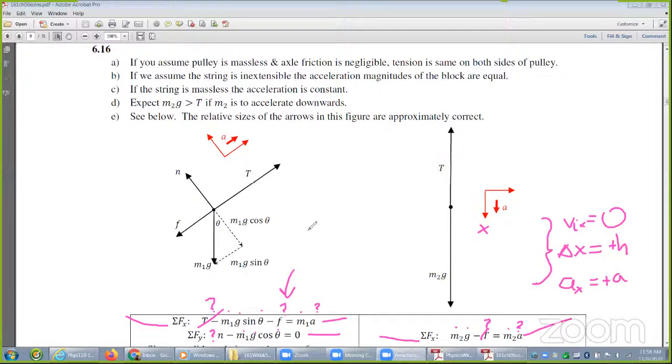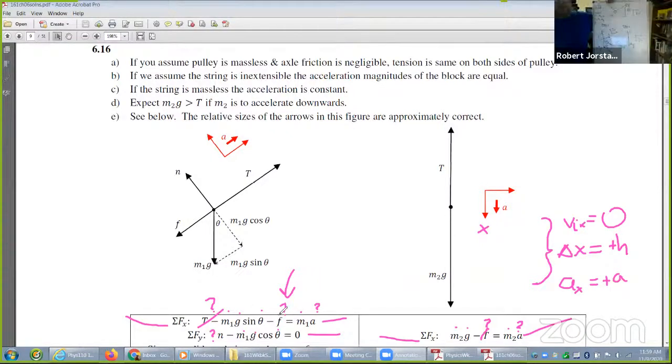Other thoughts? Well, we could solve for T using the x equation for FBD2 and then plug that into the x equation for FBD1. Okay, but then you'd still have this unknown right here. That's a good strategy.